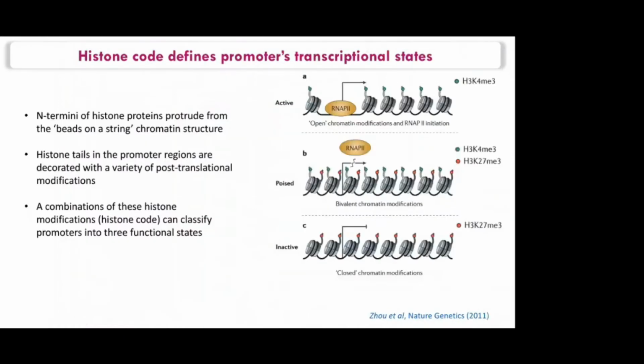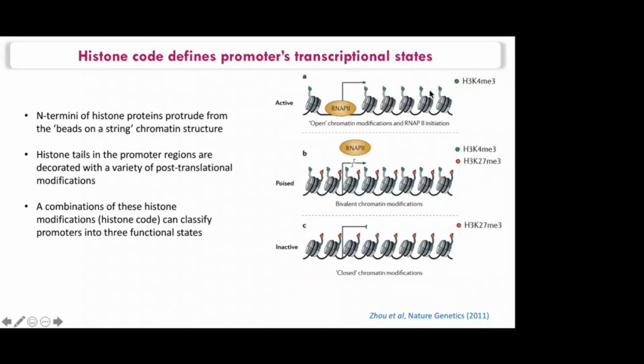Based on these and many other papers, the general consensus we have now about histone modifications at transcriptional regions is that we can categorize promoters into 3 different categories: active, poised, and inactive promoters. Just by looking at histone modifications, we can predict transcriptional activity. The active genes have RNA polymerase II sitting at the transcription start site at the promoter.